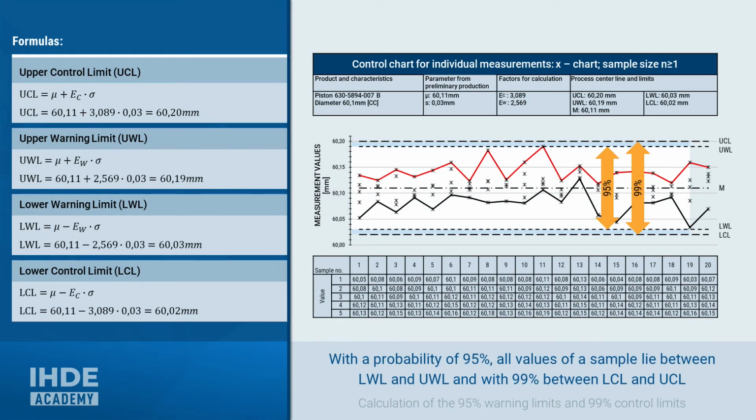With a probability of 95%, all values will be between the warning limits of 60.19 and 60.03 mm. And with a probability of 99%, all values will be between the control limits of 60.2 and 60.02 mm.